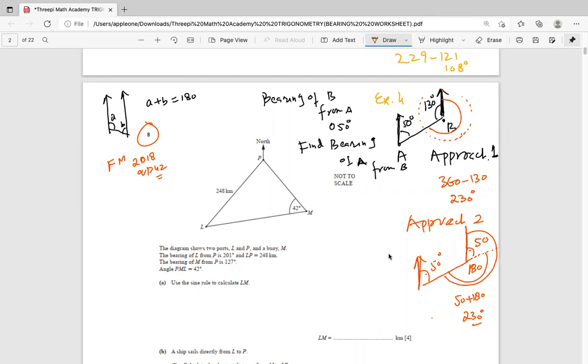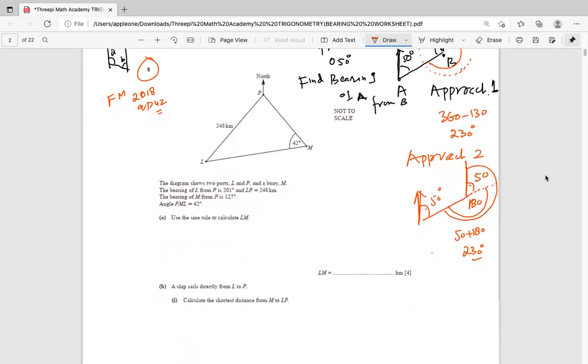Now see here, students, what they say in the question. A diagram is given to us. Diagram shows two ports L and P and buoy M. The bearing of L from P is 201 degrees, and LP is 248 kilometers.